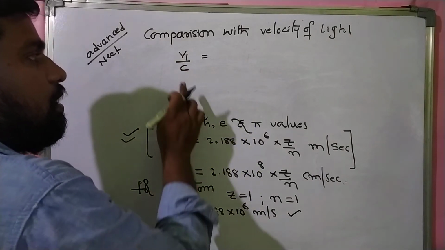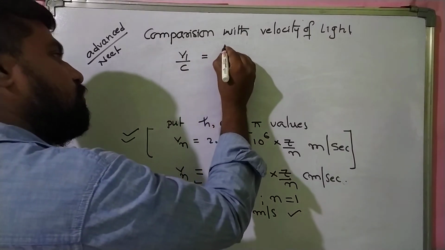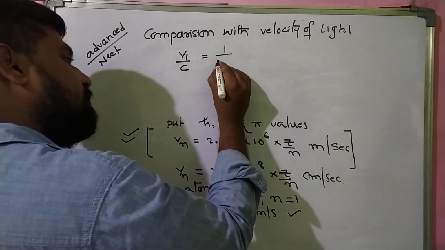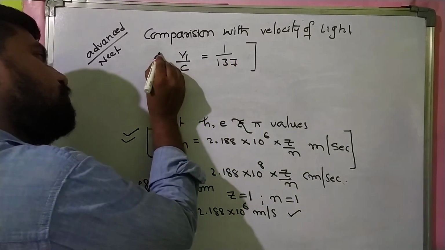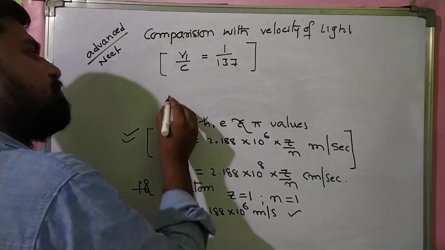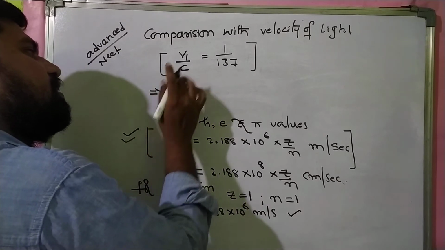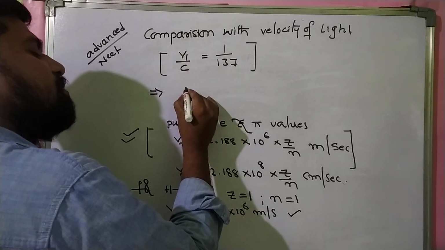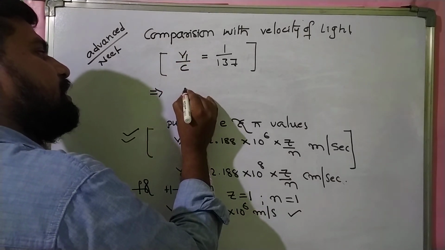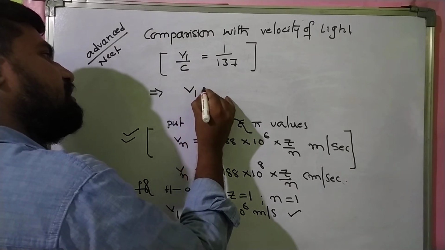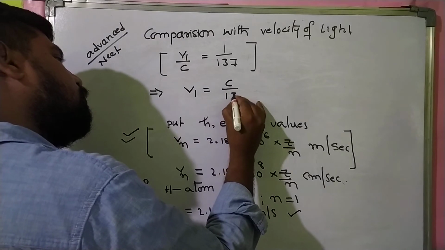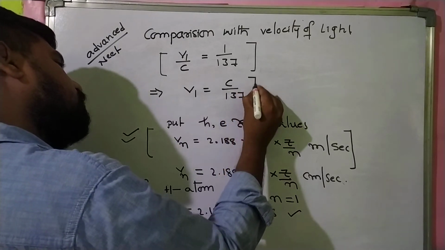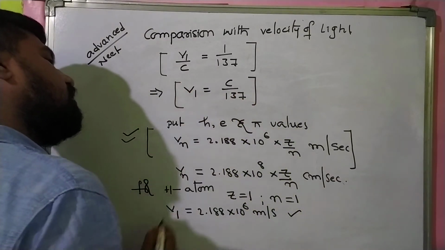v1 by c equals 1 by 137. This is the most important equation. From this we can find the velocity of electron in the first Bohr orbit of hydrogen atom: v1 equal to c by 137. This is the most important formula.